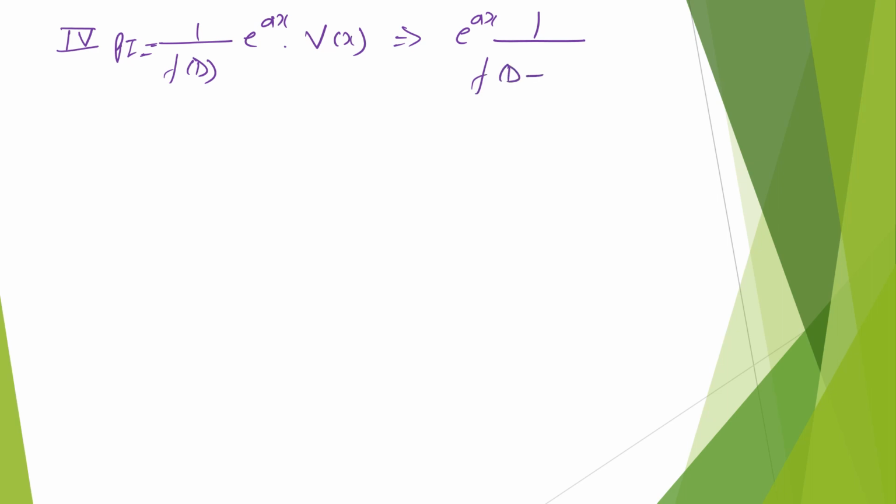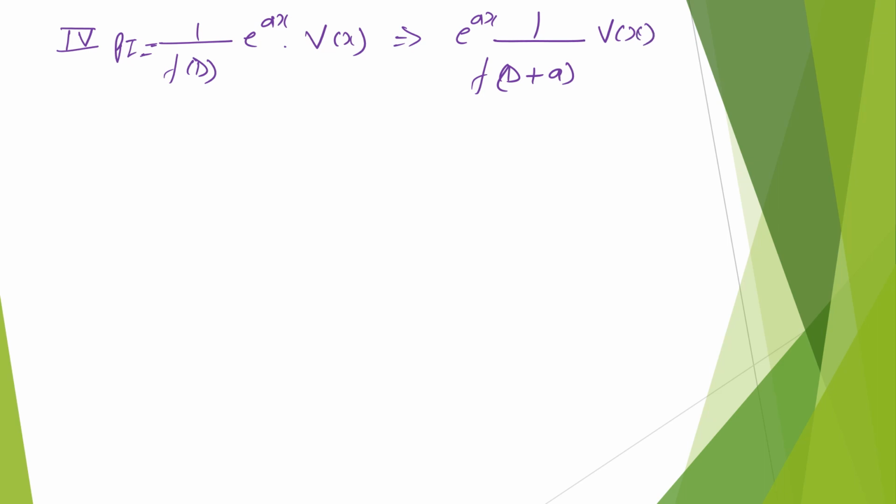Now considering the fourth case, that is for PI of 1 over f(D) e to the power ax into a function of x. That means if e to the power ax is multiplied with a function, then to solve it we take e to the power ax to the left side of 1 over f(D plus a) and v as a function of x.